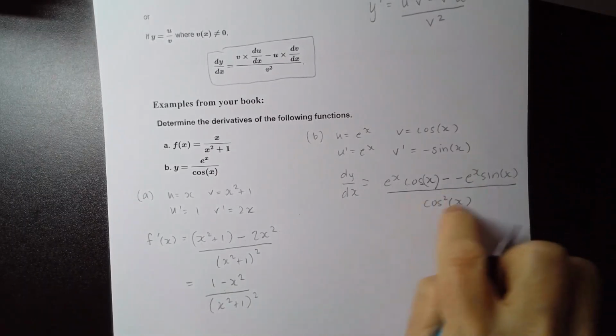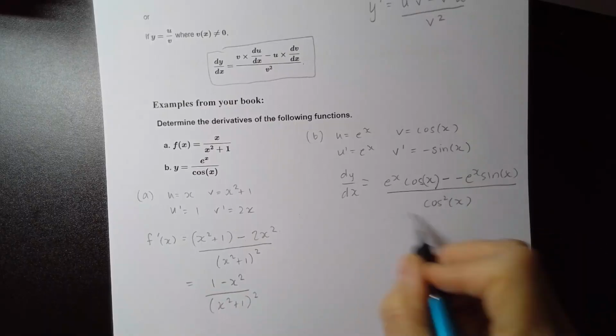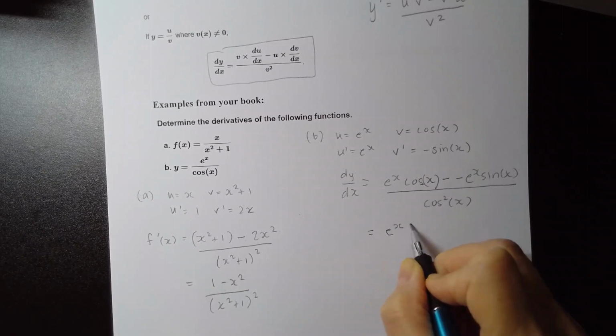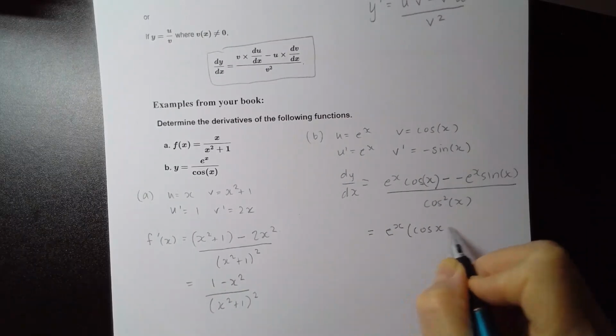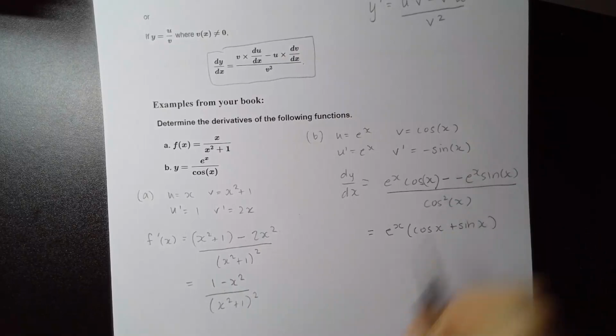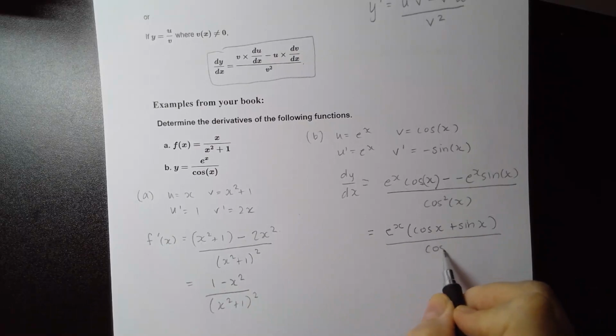That's just that whole cos x squared. And in your book, they're going to probably say, well, they both have an e to the x in them. They're going to write e to the x times (cos x plus sine x), over cos squared x. And that'll probably be the answer that they give.